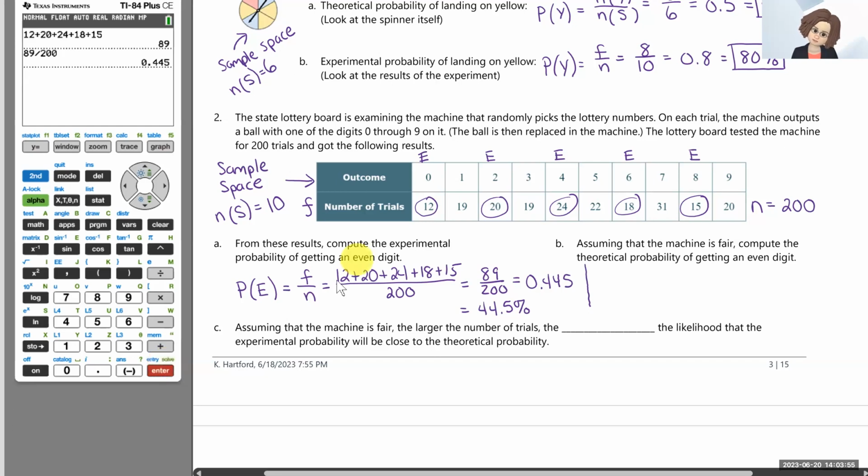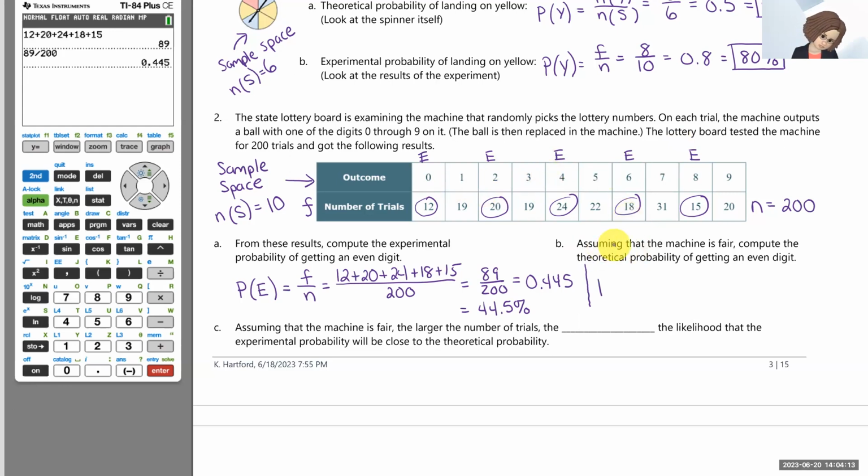All right. Now, assuming that the machine is fair, that would mean that every digit is equally likely. Well, half the digits are even digits and the other half are odd digits. So in theory, I would expect to get an even digit half the time. We'll write the formula here for theoretical probability: the number of even digits over the number of digits in the sample space. So there are 5 even digits.